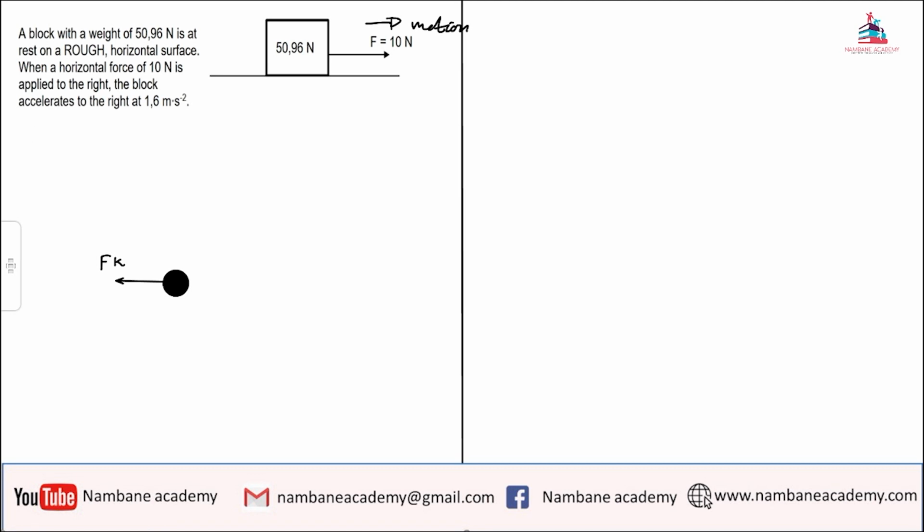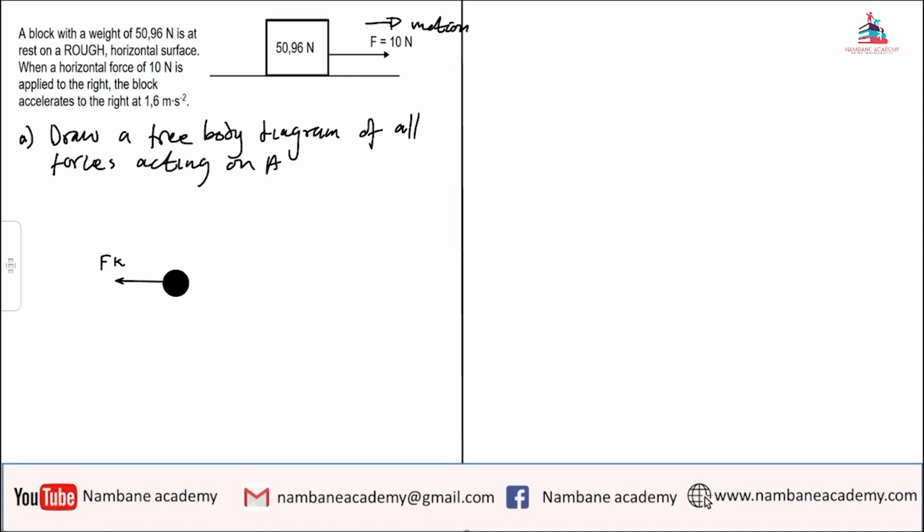We said the question is draw a free body diagram of all forces acting on A, and then we set 4. So we agreed rough means there's friction, sharp. Now we are still short of 3 forces. Which other one can we put here?